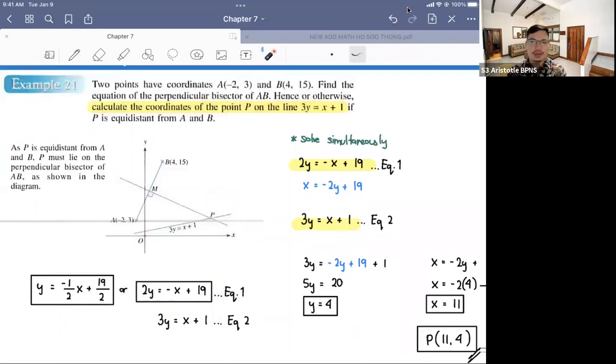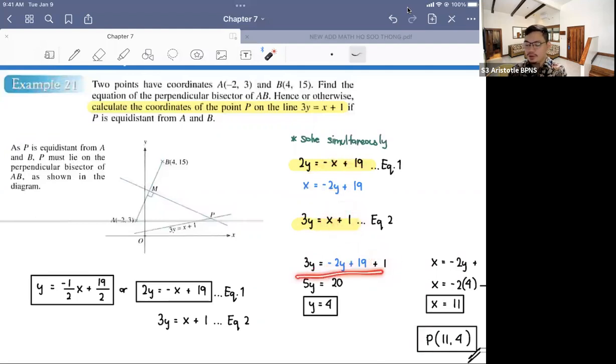So we solve this simultaneously, right? Because they're both written this way, I've changed my first equation into terms of y. So it becomes x equals negative 2y plus 19. And then I'm going to substitute this into the second equation. So it becomes 3y equals, instead of x, negative 2y plus 19 and then plus 1.